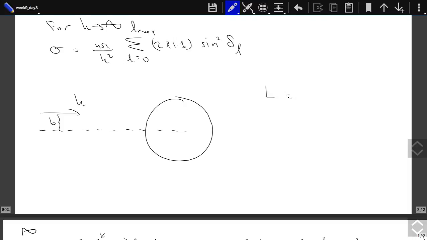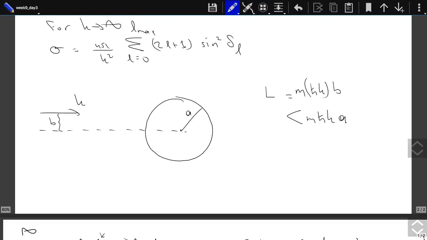L is equal to h bar k, the momentum, times B. In the classical picture, if there is a scattering, B can take a maximum value of A, so L is less than h bar k times A. Well, this is basically why we have a maximum limit of the angular momentum.